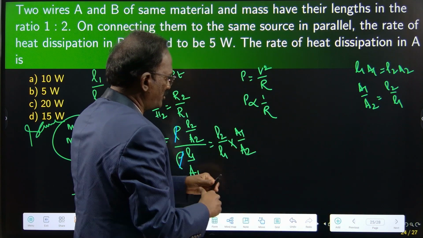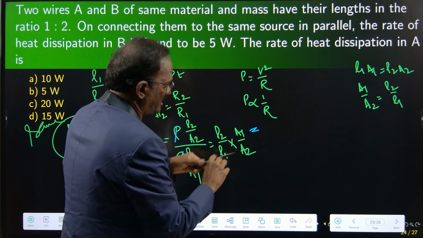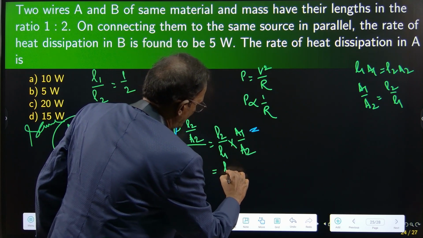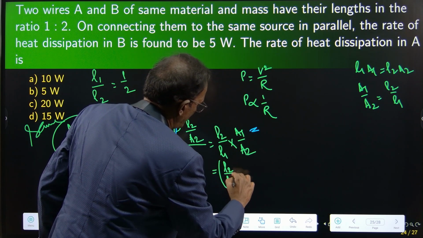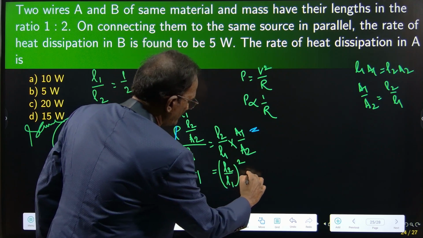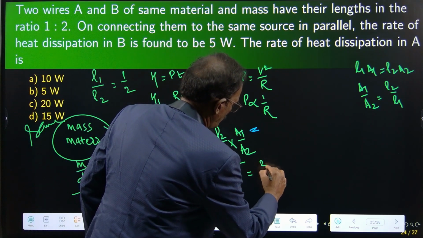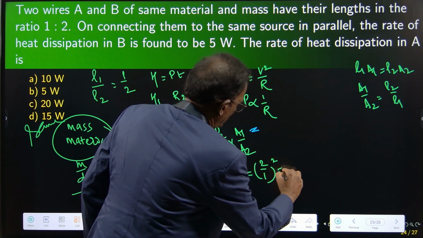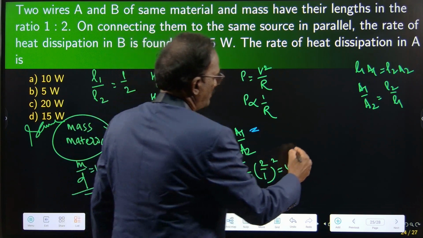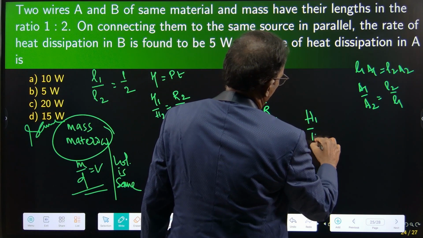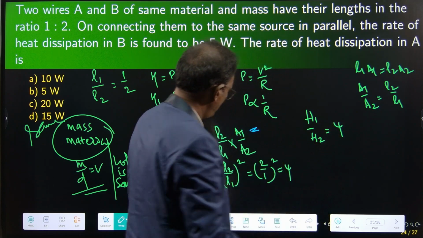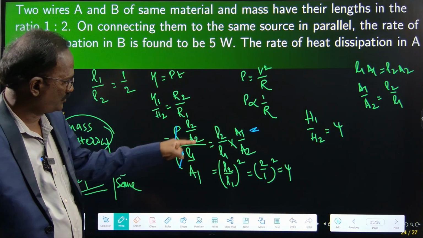Putting that in, this is L2 by L1 square. L2 is 2, L1 is 1, so 2 by 1 square is 4. So H1 by H2 is equal to 4.